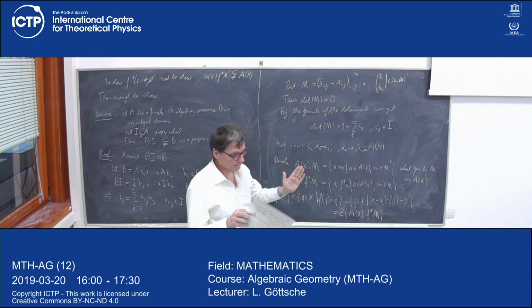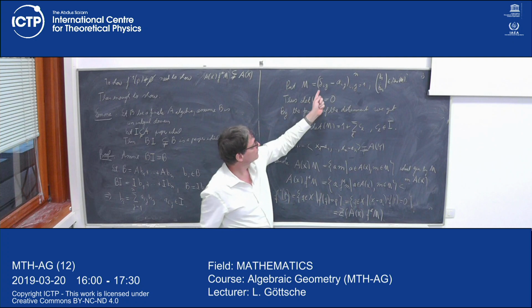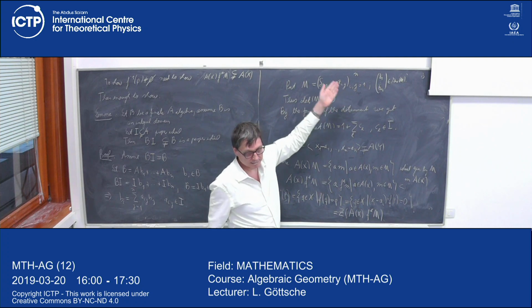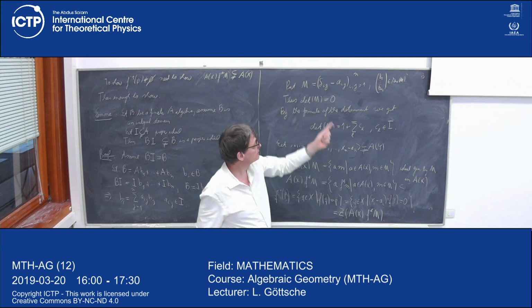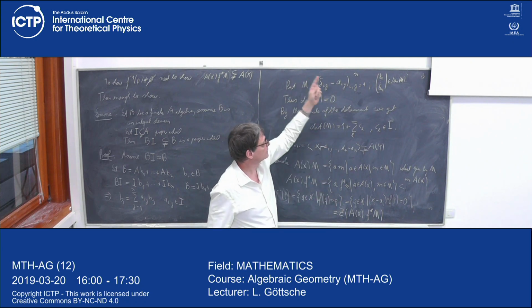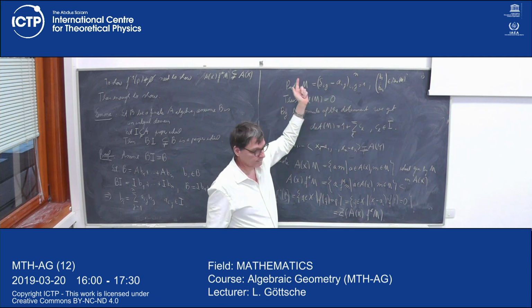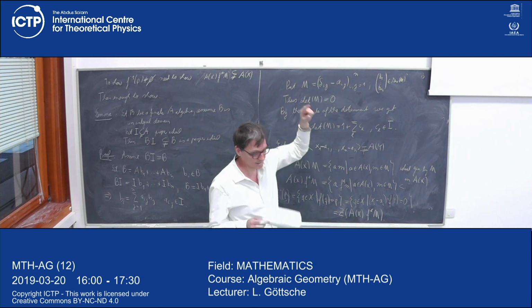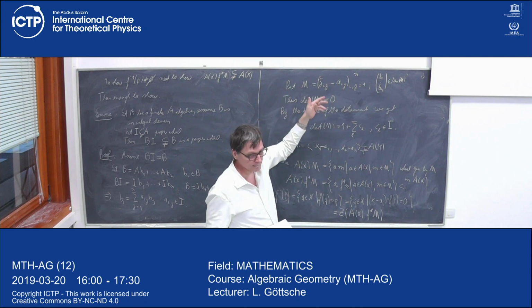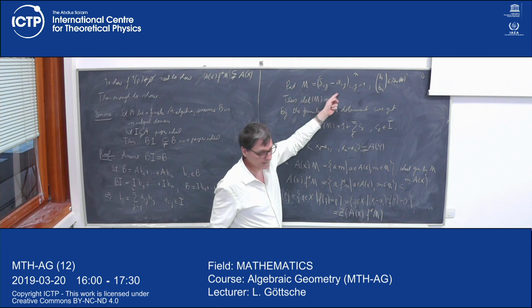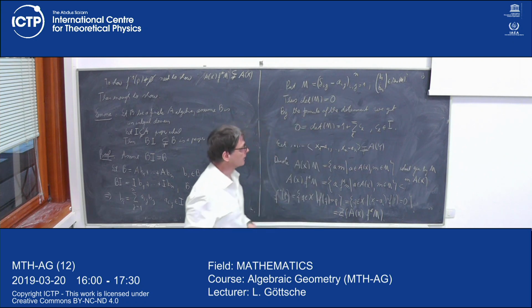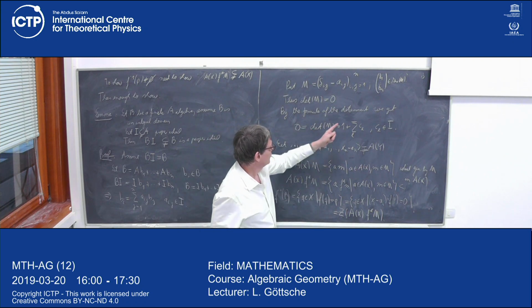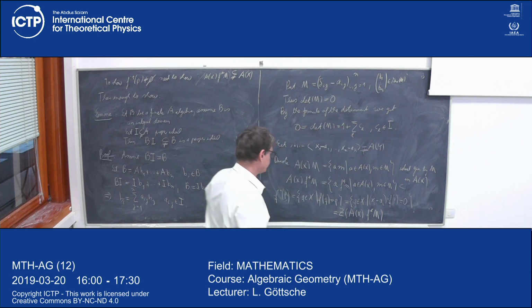When we write this down, the only thing which is not a multiple of an element in I is the diagonal term, that is, 1 minus A11 times 1 minus A22 and so on. If you multiply it all out, you get 1 plus something in the ideal. And all the other terms anyway lie in the ideal. So it has this form, and this is equal to 0. And so we see that 1 lies in the ideal.